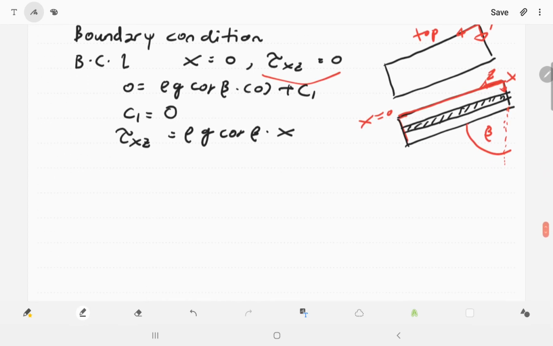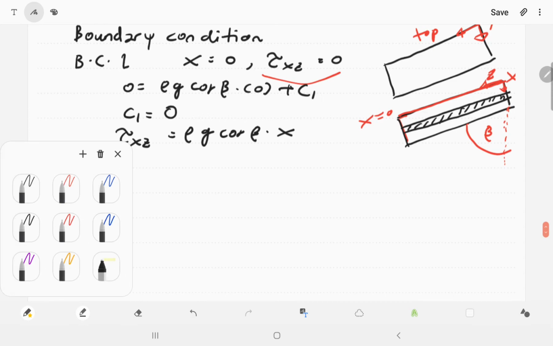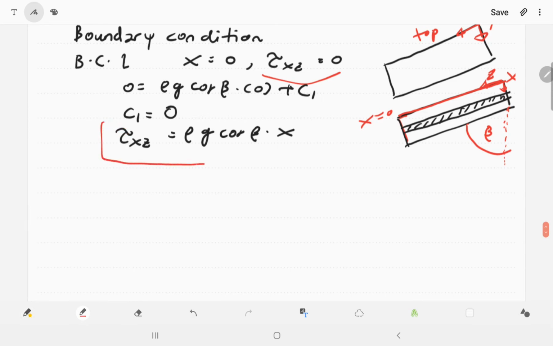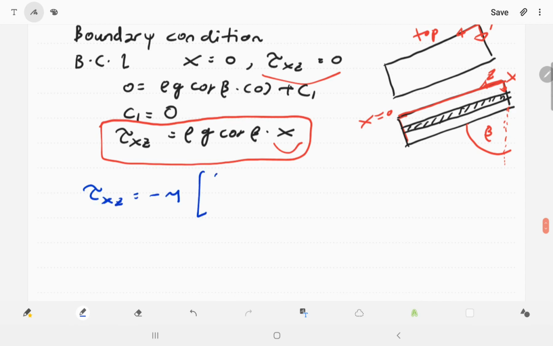Okay, so up to this point, we have been able to get this expression of the shear stress as a function of x, which is a linear function. Then next we inspect our tau xz. Tau xz is equal to minus mu times del Vx per del z plus del Vz per del x.